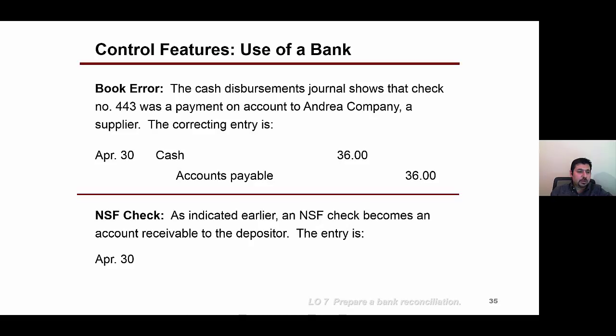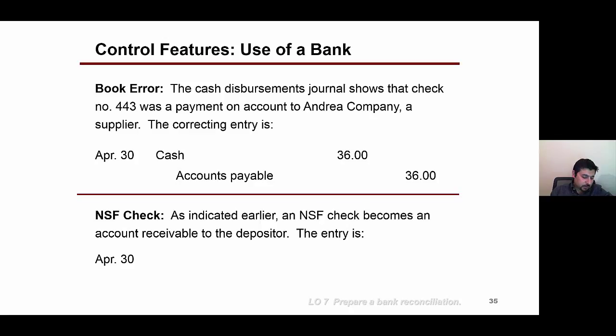This is why their cash has increased, but at the same time their liabilities also had to increase, because the company did not make this payment. As a result, they did not settle that amount of their liability. So we debit cash $36, we credit accounts payable $36.